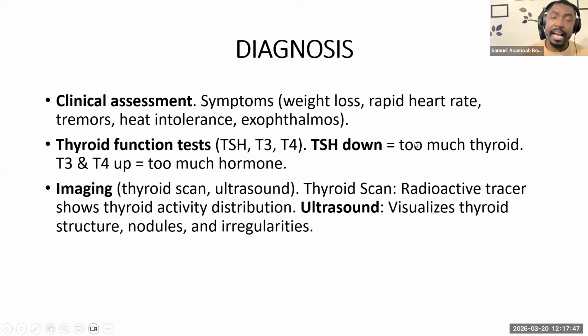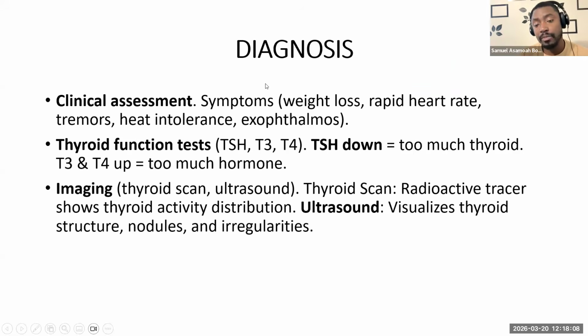So yes, clinical assessment will give us a clue. When I come to the room with that exophthalmos, the doctor will order a test. Do you know how they call the test? Thyroid function test, TFT.